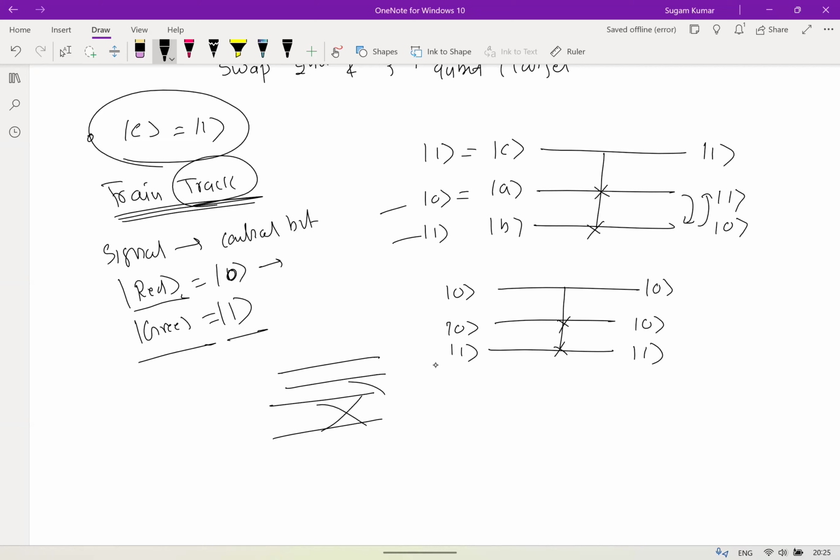So there is 1 control bit and 2 target bits, and these 2 target bits are going to swap or exchange. So that's all. I think this was the most lengthy topic, because I was not only discussing the mathematics, but also how to physically realize these quantum bits.